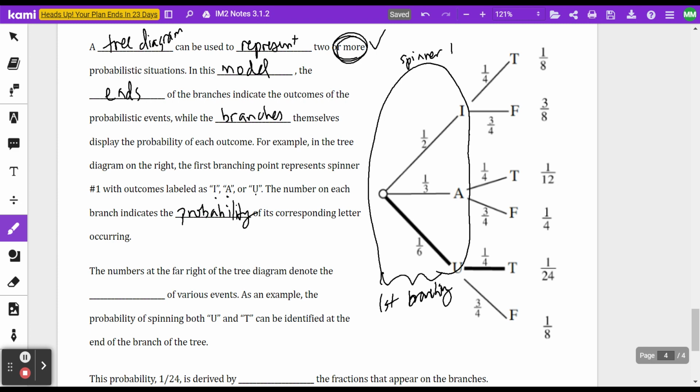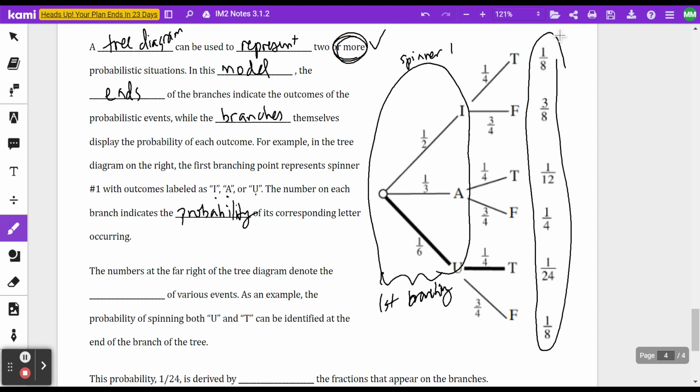The numbers at the far right of the tree diagram denote the probabilities of various events. We should say compound events because it's how spinner 1 and spinner 2 combine.